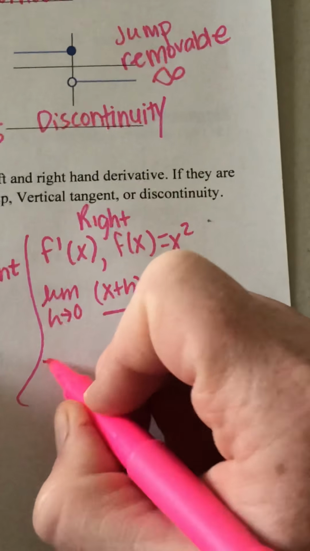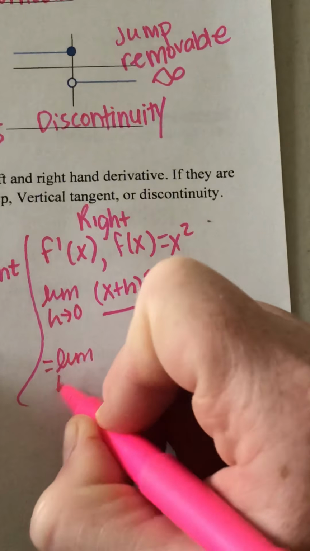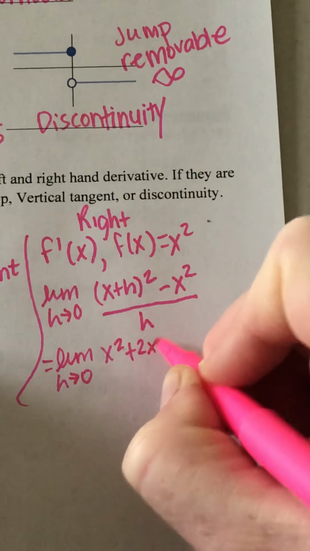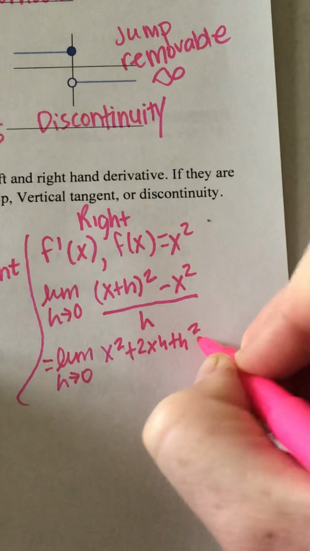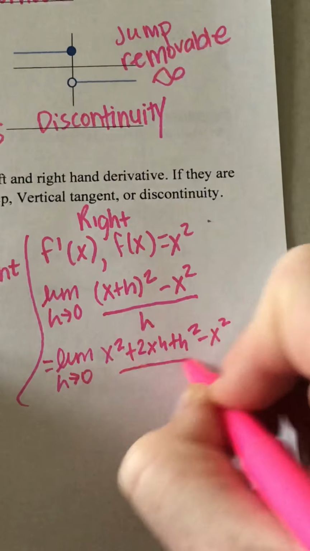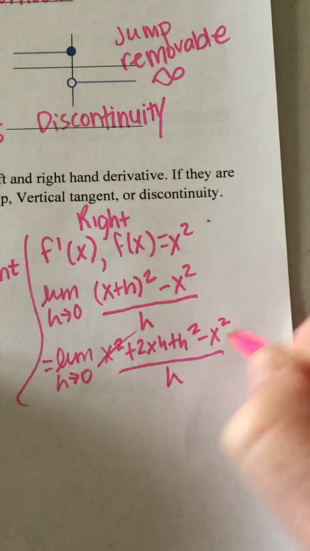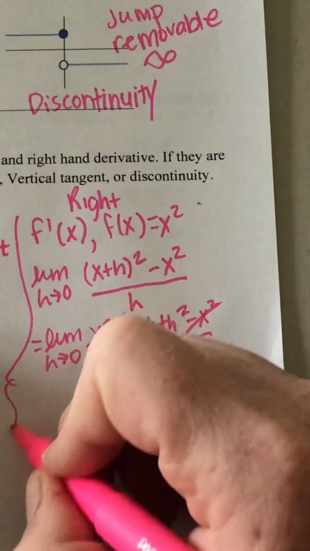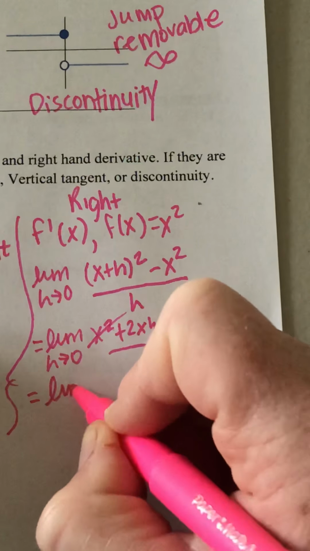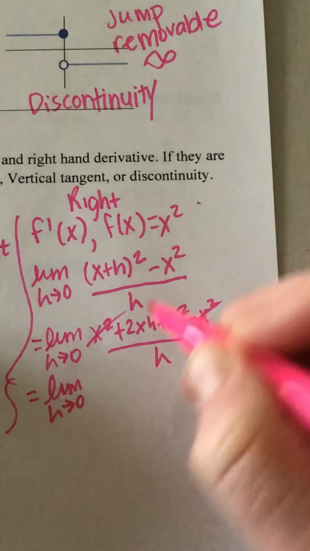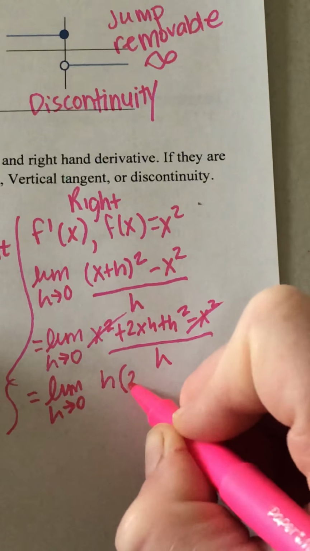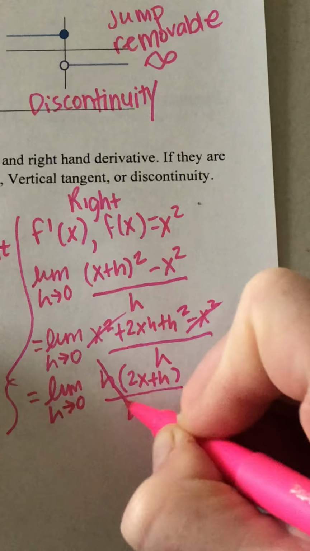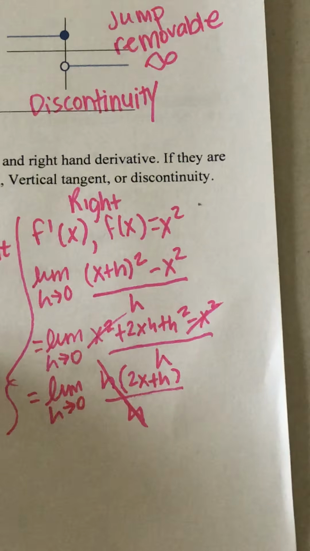That equals the limit as h approaches 0 of x squared plus 2xh plus h squared minus x squared all over h. Those will cancel. Let's factor out an h. So it'll be h times 2x plus h all over h, and those cancel.